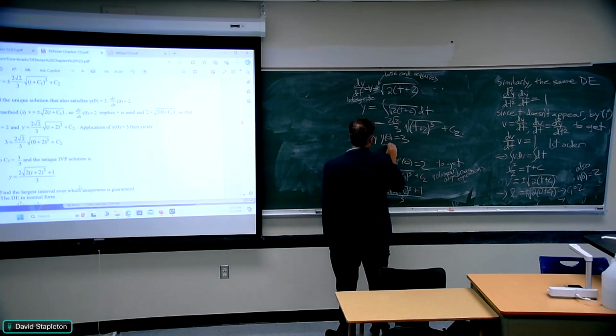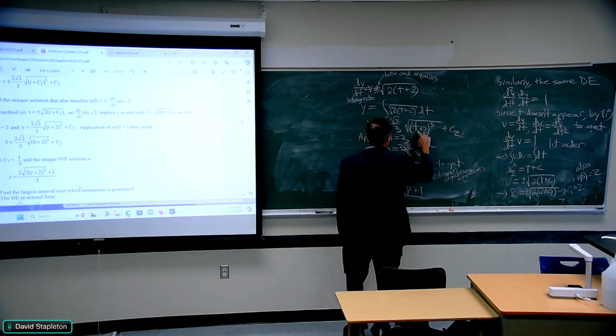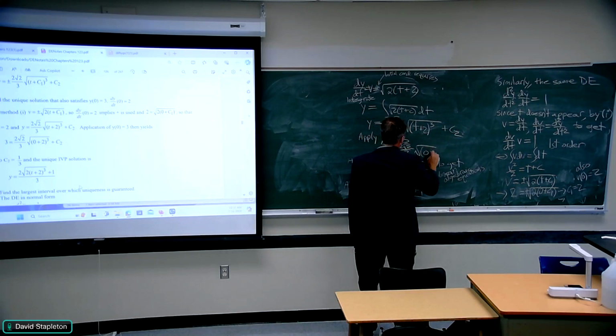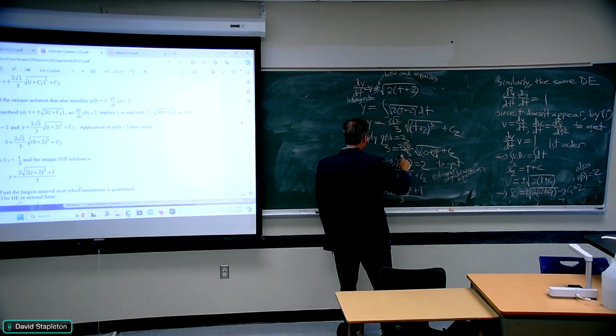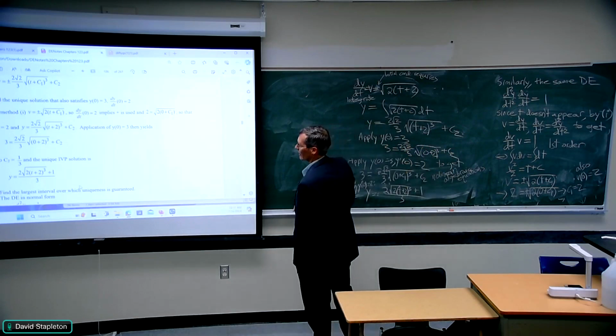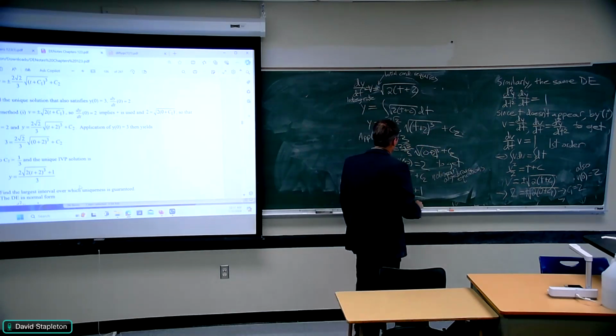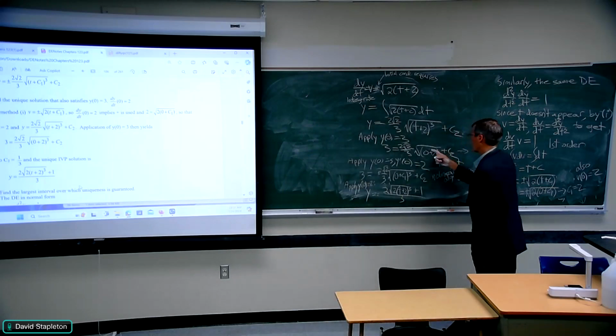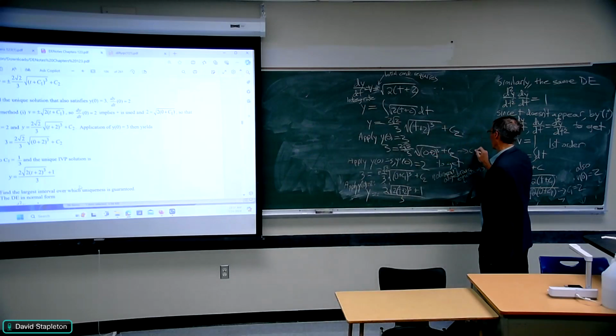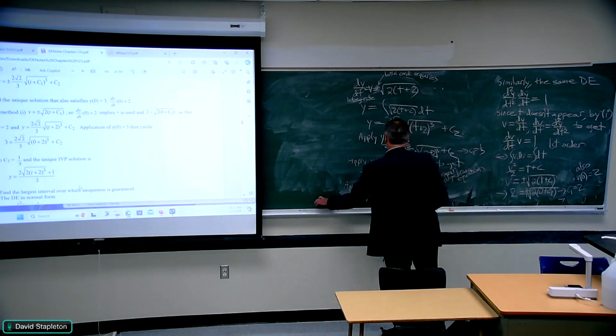For the nonlinear equation, 3 equals 2 square root of 2 over 3, square root of 0 plus 2 cubed, plus C2, which tells you that C2 has to be a third. So this comes out to be 2/3 apparently, so C2 equals a third. And now you've got the final solution, it's an initial value problem.